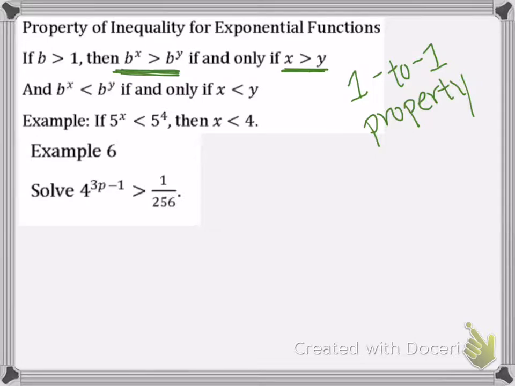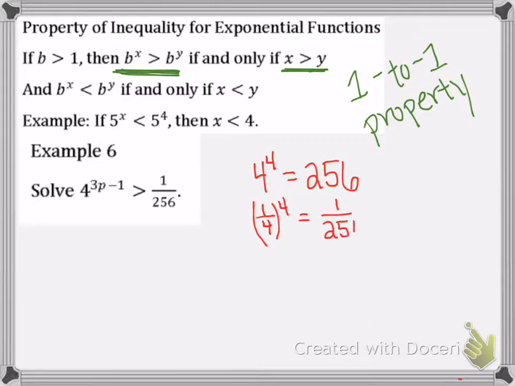Now in example 6, I have to solve 4 to the 3p minus 1 is greater than 1 over 256. Well, hopefully we remember that 4 to the 4th is 256. But I need 1 over 256. So what that means is 1/4 to the 4th is the same thing as 1 over 256.